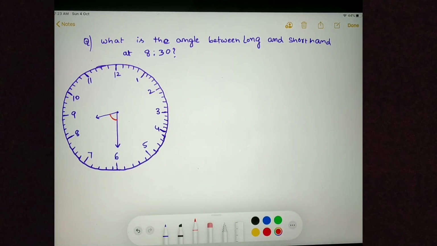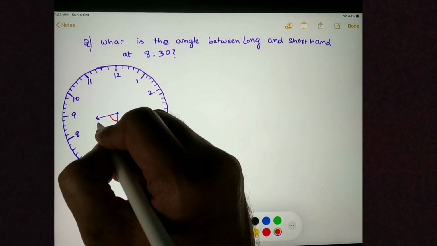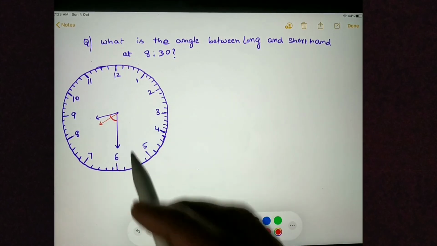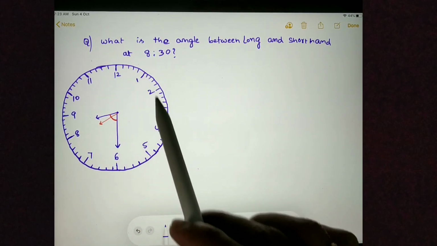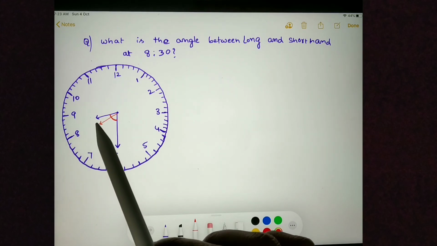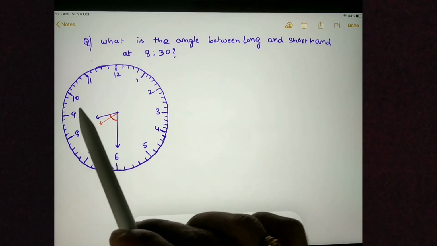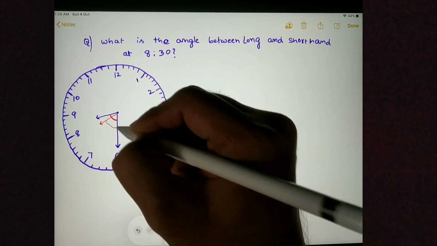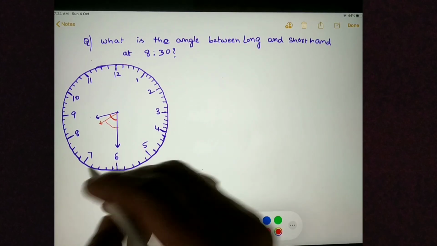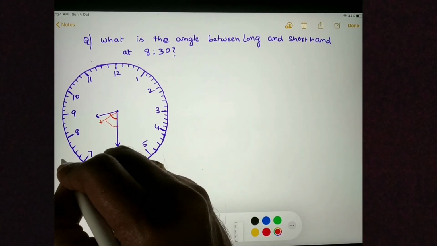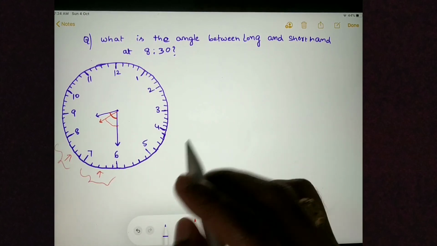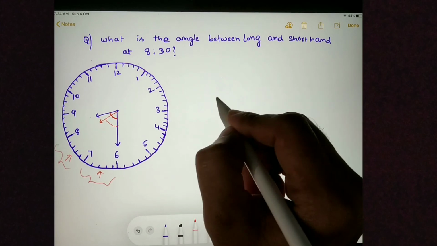And exactly at 8 o'clock, the short hand will be here. Because the long hand traveled 30 minute spaces, the short hand slightly moves this side. We know the angle between this. What is that angle? How many hour spaces are there? 1 and 2. And this is 30 degrees and this is 30 degrees. Total 60 degrees.